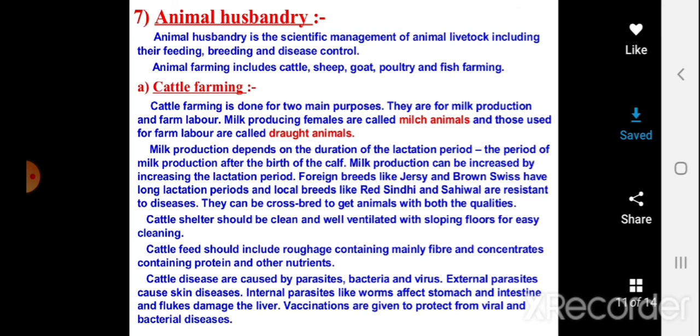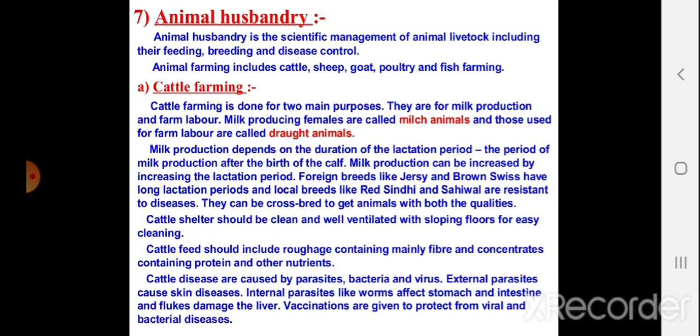Foreign breeds like Jersey and Brown Swiss have a long lactation period, and the local breeds like Red Sindhi and Sahiwal are resistant to the diseases. That means they don't get easily affected by those insects, and they are mostly disease free. So they can be crossbred to get the animals with both of the qualities.